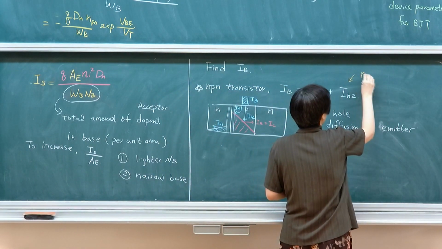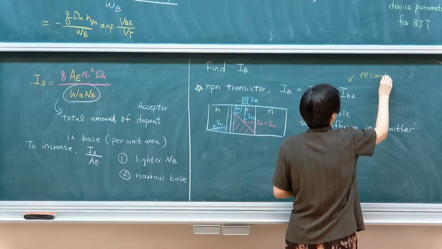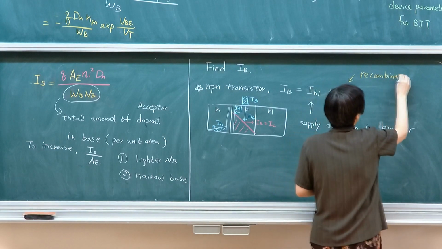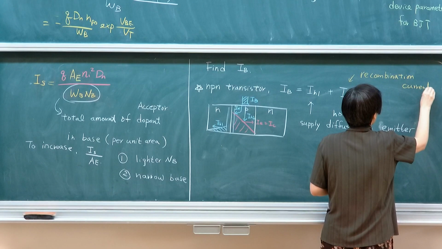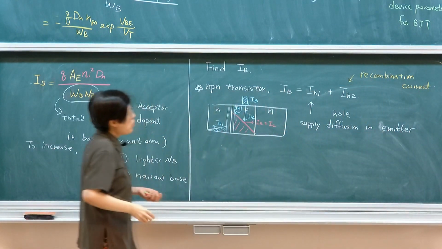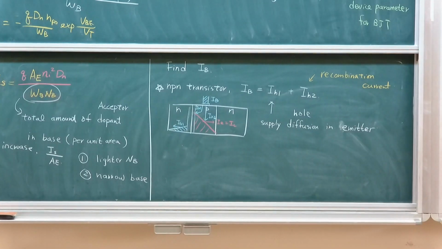IH2 is recombination. Recombination is that because I have excess amount of minority carrier, the red part, so then there's higher recombination rate. So anytime when you recombine, electron holes need to recombine. Therefore, you have to provide holes for the recombination to happen.